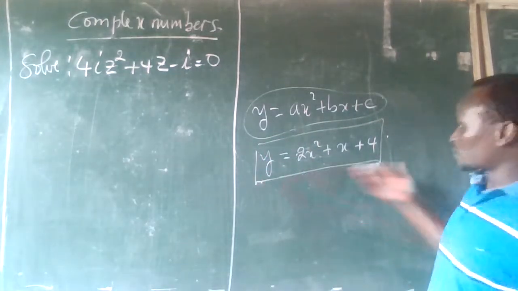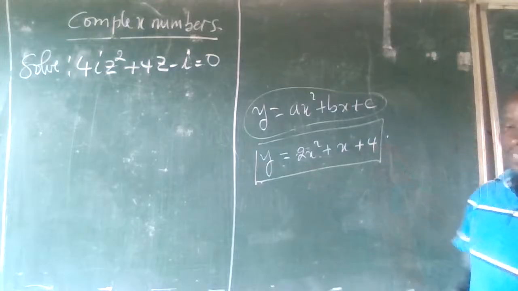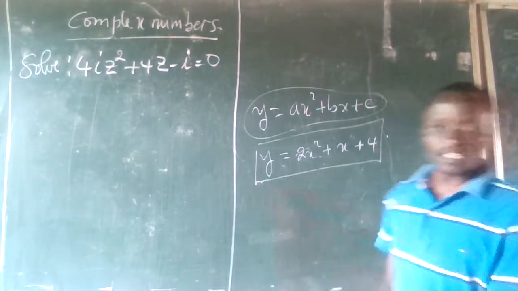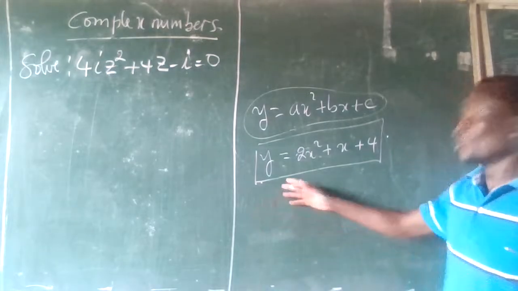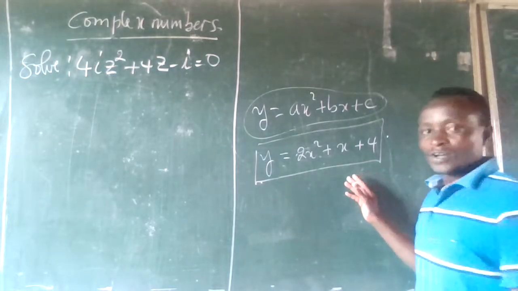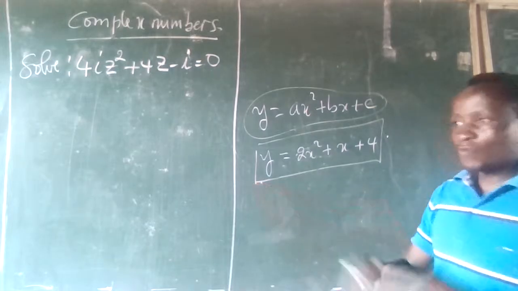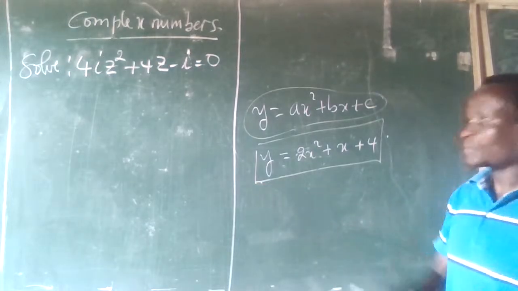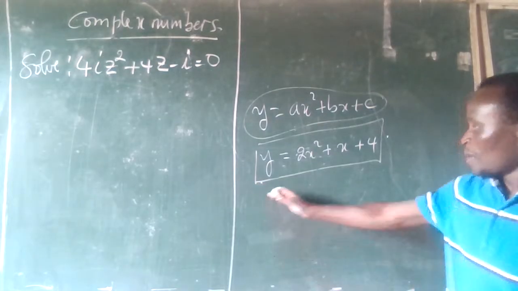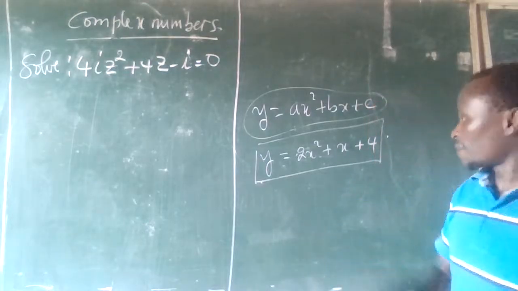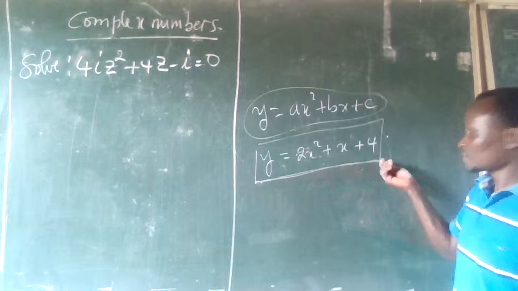How should you solve this quadratic equation? For example, anytime you are asked to find the roots of this quadratic equation, by factorizing, by using delta, or any method that can be applied for solving this quadratic equation.